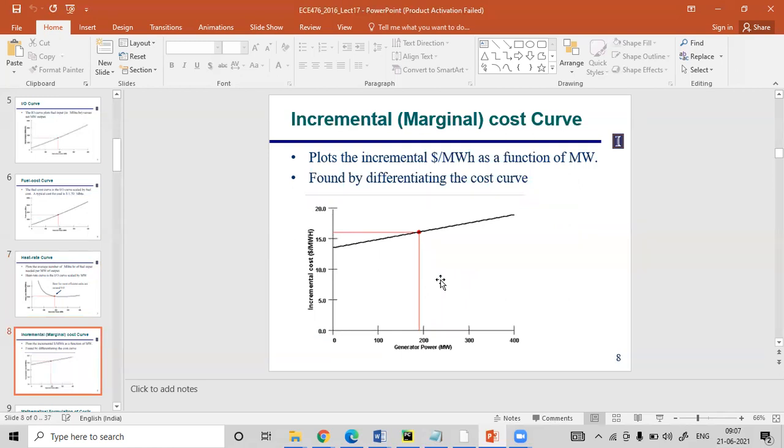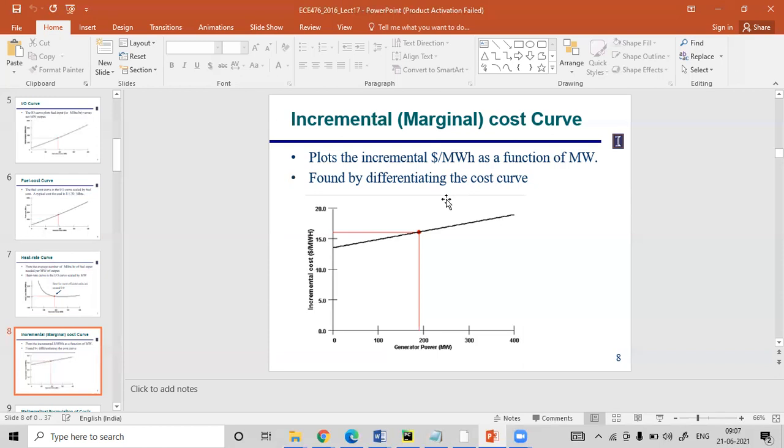Now the incremental cost curve or marginal cost curve. This plot is plotted between incremental cost and generator power, right? It plots the incremental cost in dollars per megawatt hour as a function of megawatt, found by differentiating the cost curve, right?